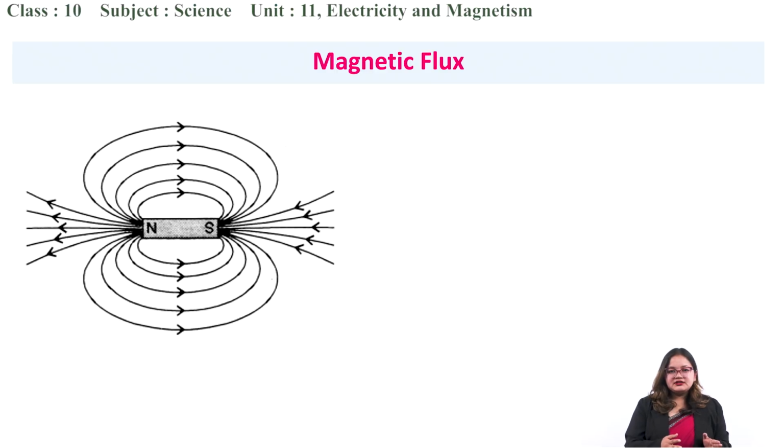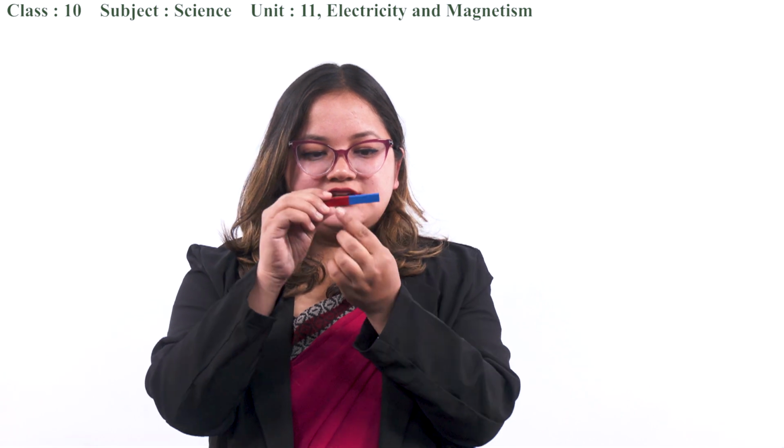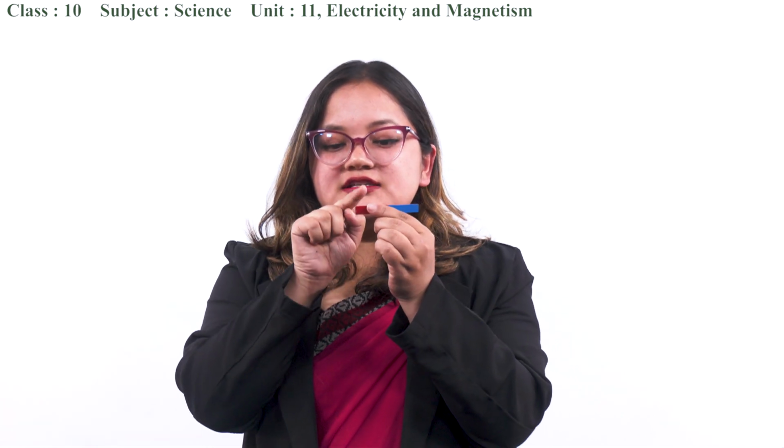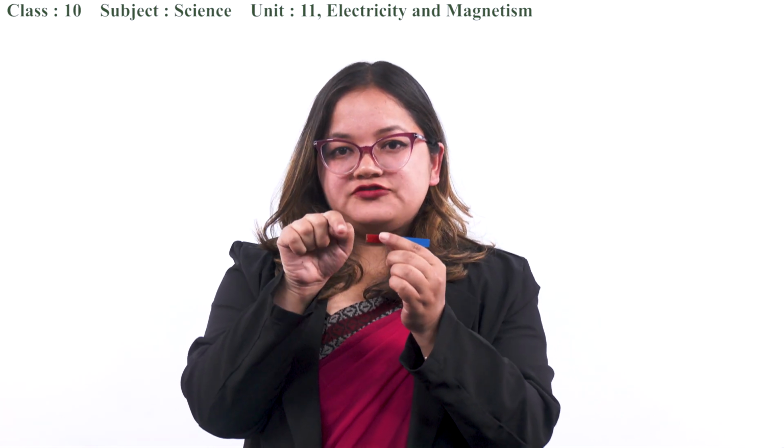It is simply the measure of magnetic field lines which enter the area of a certain object which is kept right in the magnetic field. Let me show you in this way. Let's say this is a magnet, let's say a bar magnet, and this bar magnet has magnetic field lines around it. We know that, right?